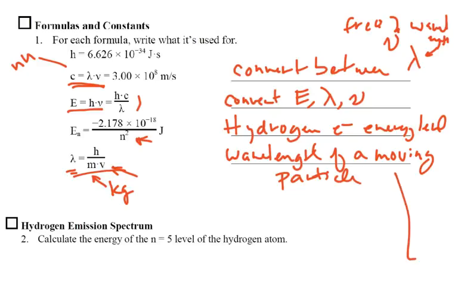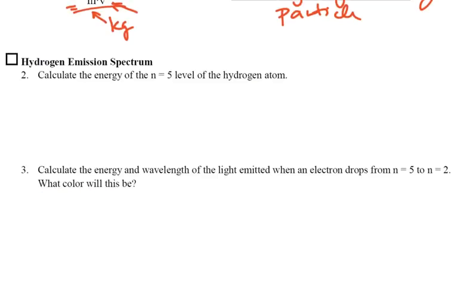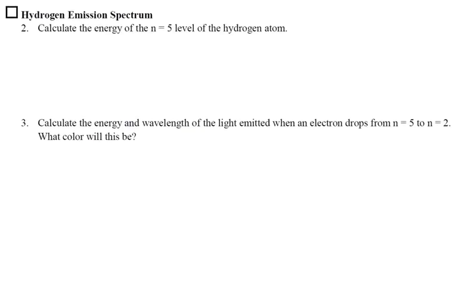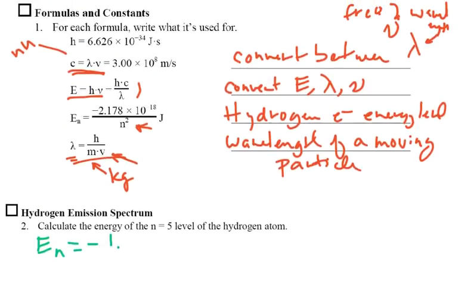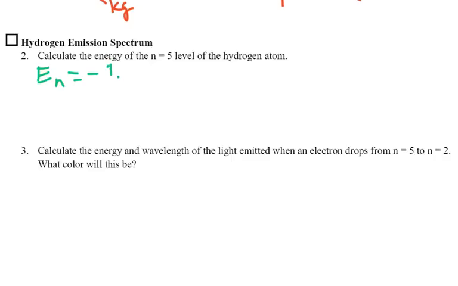Okay, let's actually do some of these calculations. The first one says, for a hydrogen emission spectrum, calculate the energy of the n equals 5 level of the hydrogen atom. So we can use the equation here. E of level n is equal to negative 2.178 times 10 to the negative 18th joules, that whole number divided by n squared, which is going to be divided by 25.